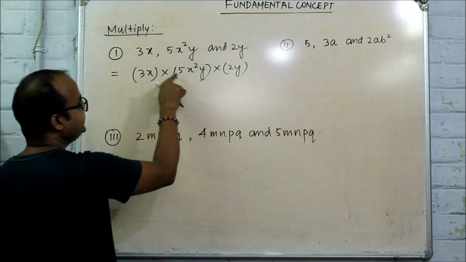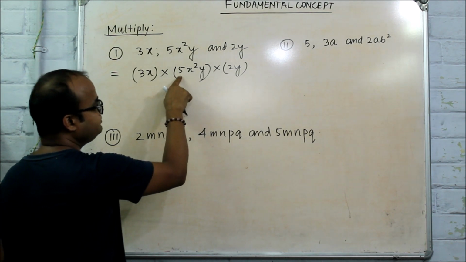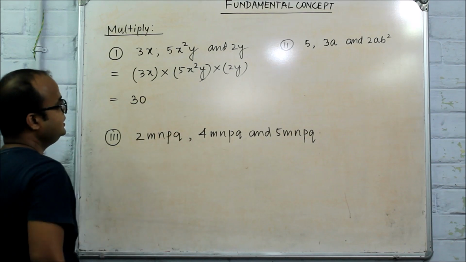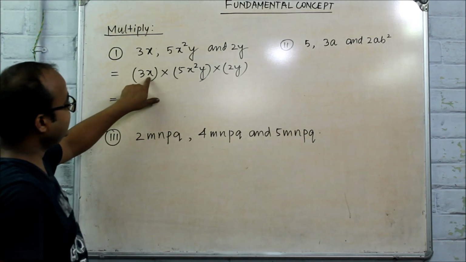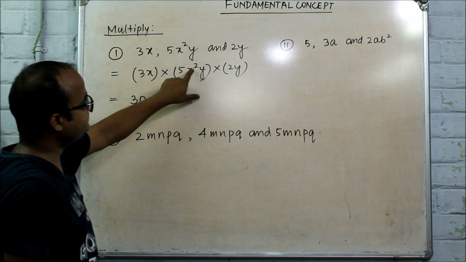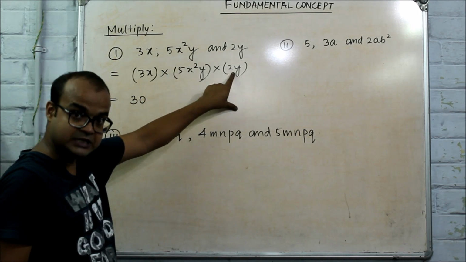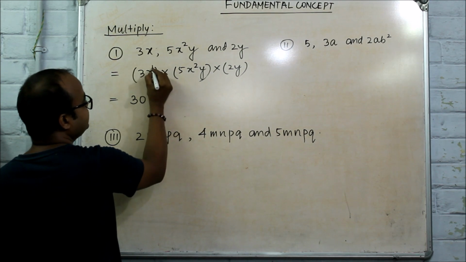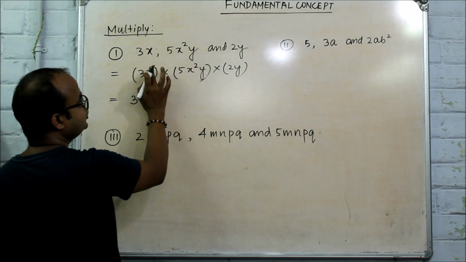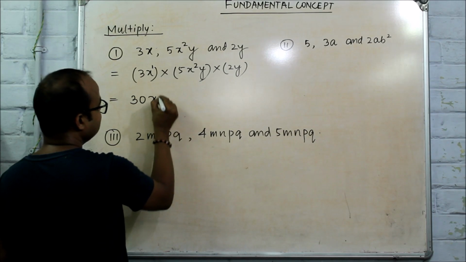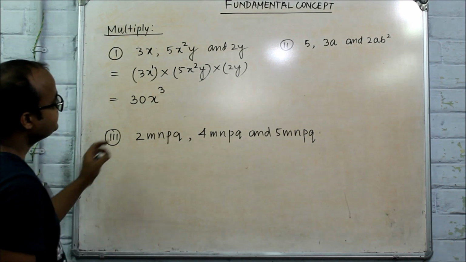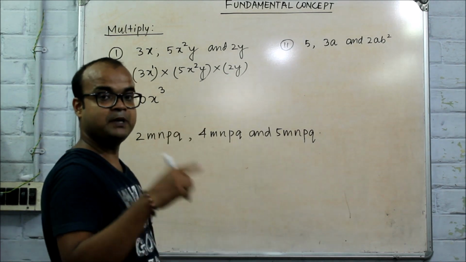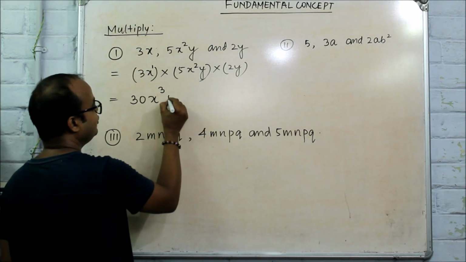So 3 into 5 is 15, 15 into 2 is 30. So this will be equal to 30. Now here x power is 1, here x power is 2, here x term is absent. So we add these two powers, 2 plus 1, 3. x cube. Here y power is 1, here y power is 1, 1 plus 1, 2. So we write y square.